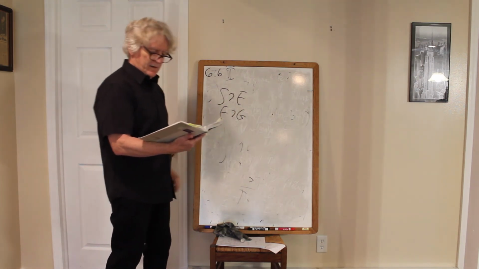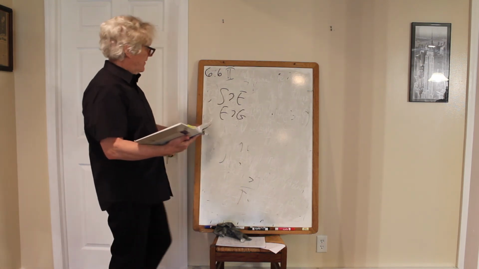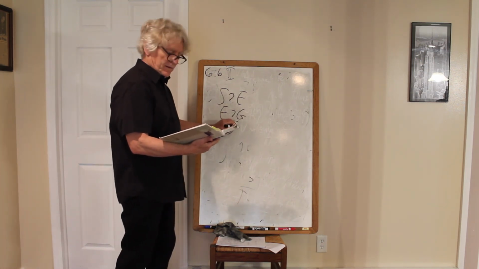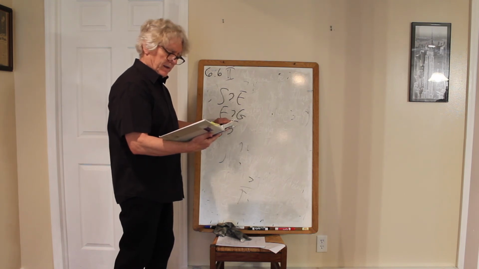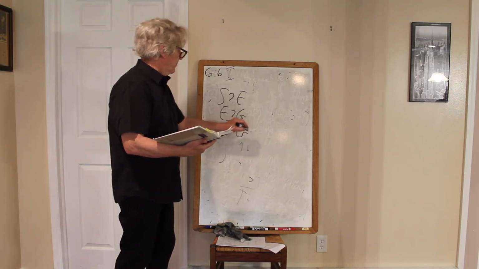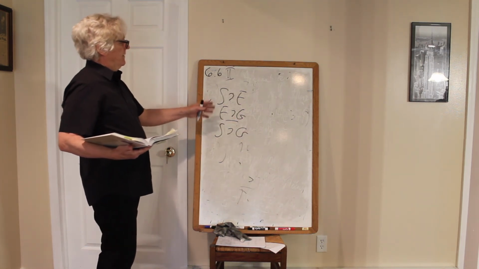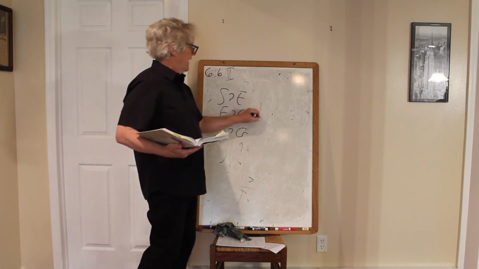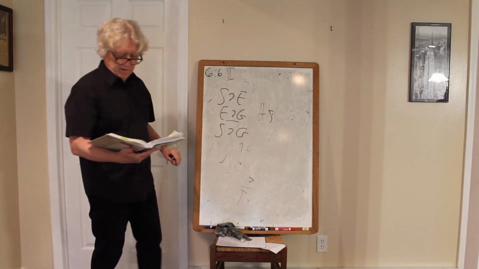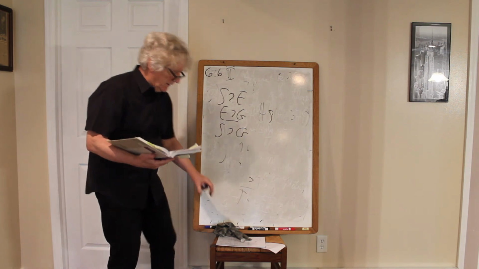If E, then G. Therefore, if the sun is a variable star, then the Earth will become a giant ice ball. S implies E implies G, S implies G. This is a hypothetical syllogism. It has the correct form for one. Okay.